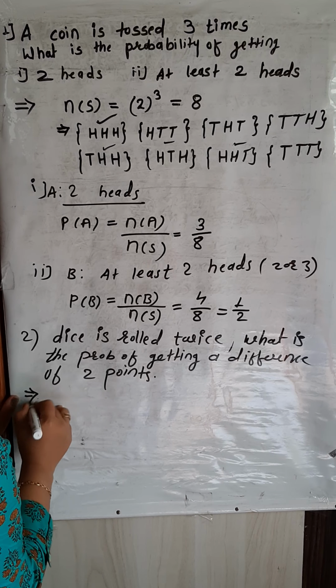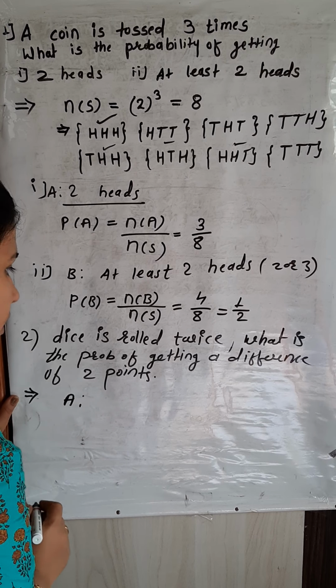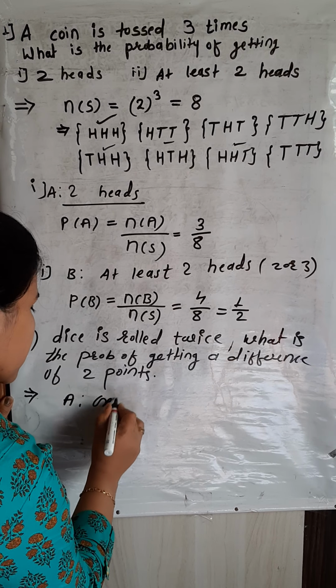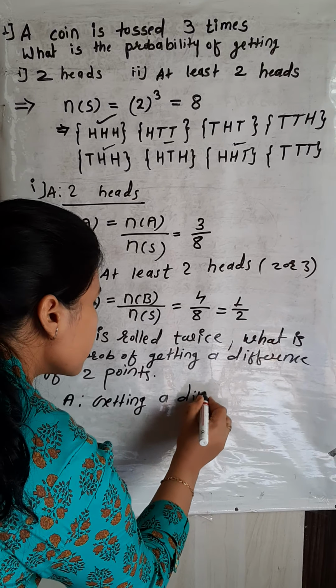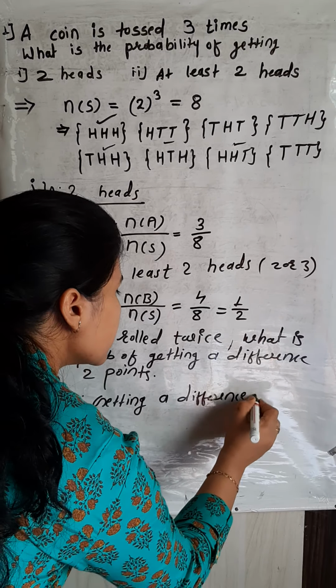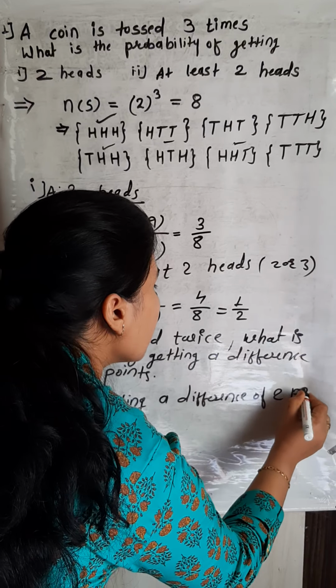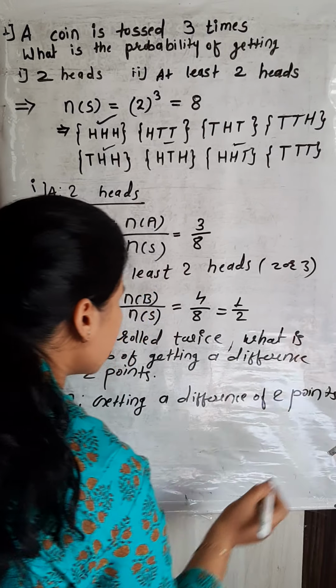So in this question our event A is what? Getting a difference of 2 points. Right?